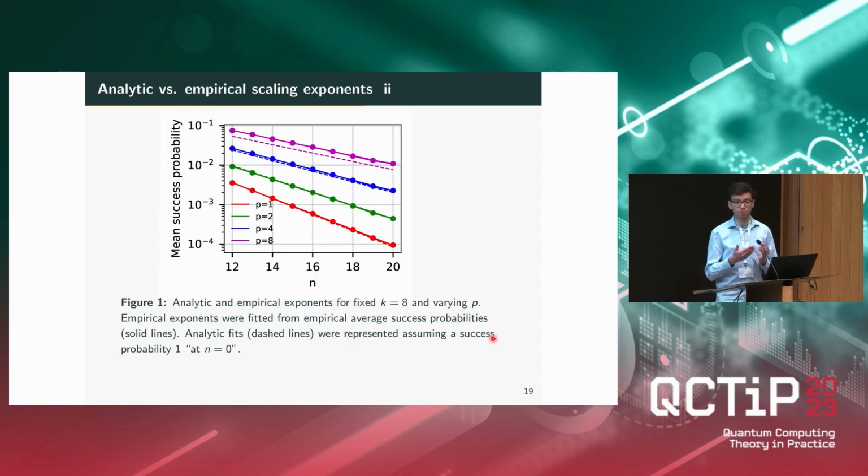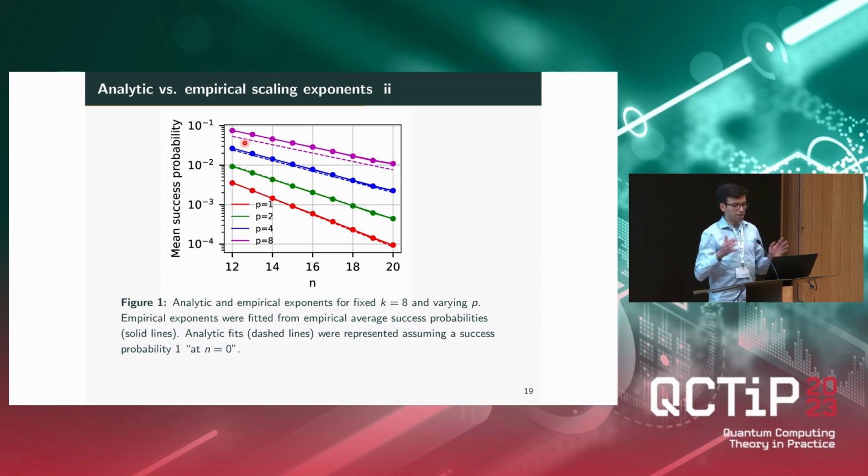And here is the result of the comparison with the analytics. So on this plot, the dots represent the empirically derived values, and the solid lines represent an exponential fit for these values. Finally, you have the dashed lines that you can, for instance, see better on the purple curve, which are our analytically predicted exponents.